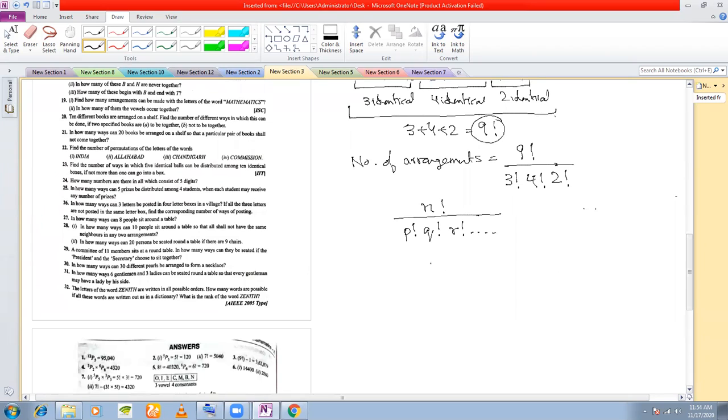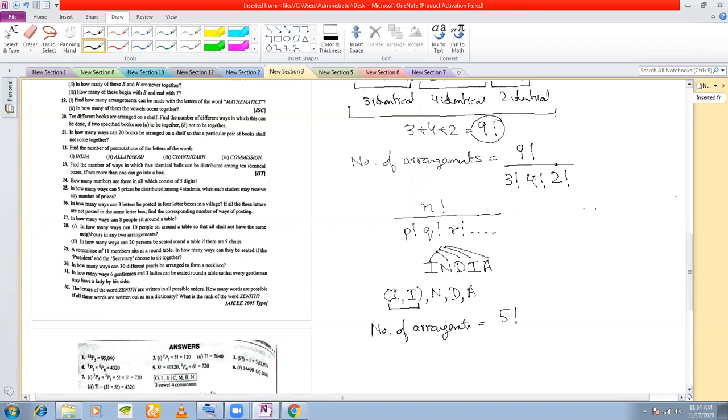For example, let us say the word India. In how many ways can you arrange the letters of this word? There are 2 I's, one N, one D, and one A. So there are 2 things that are identical. First of all, how many letters? 1, 2, 3, 4, 5.